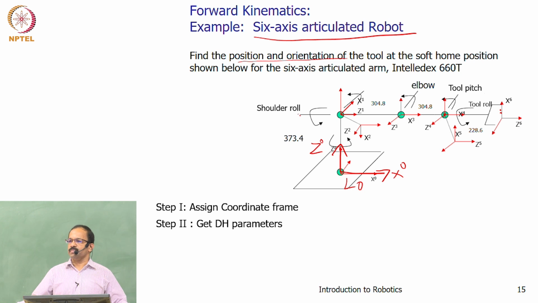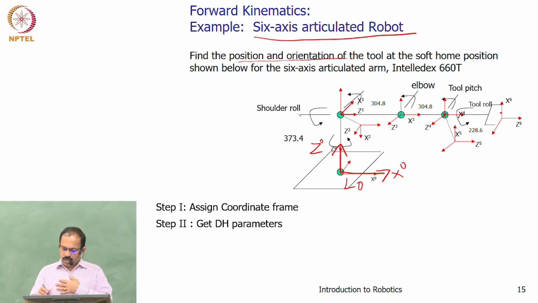So this is the way you assign coordinate frames. I have not done anything new here. Whatever we discussed in the previous classes, I just did it without going into the details. How did you get each one of these? As you know, Z2, this axis and this axis, they are parallel. The joints are parallel. Therefore, you get Z2, Z3 and Z4 in the same direction.